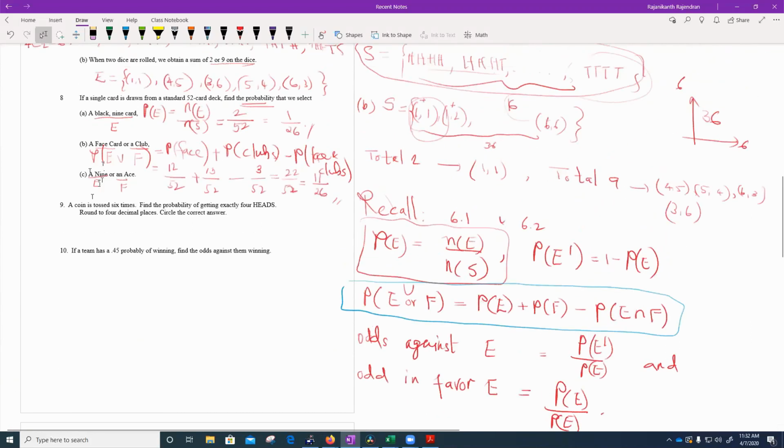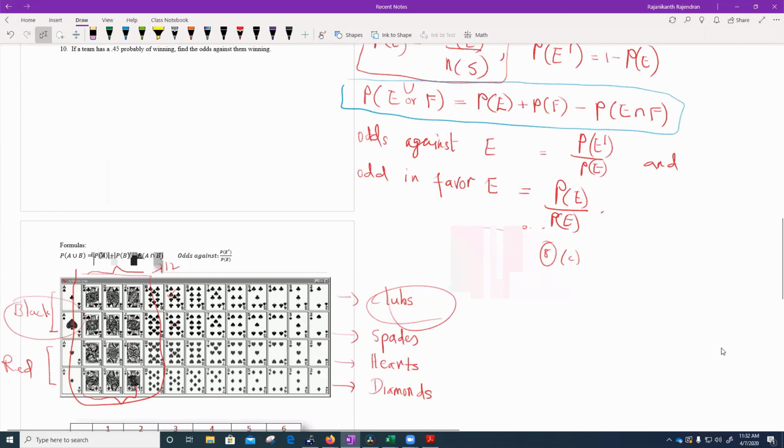Probability of choosing a 9 or ace. The formula says this is my event E, this is my event F, and or means union. Use the union formula. The probability of E union F is the probability of E, getting a number 9, plus the probability of getting an ace, then subtract the overlap, 9 and ace, right?